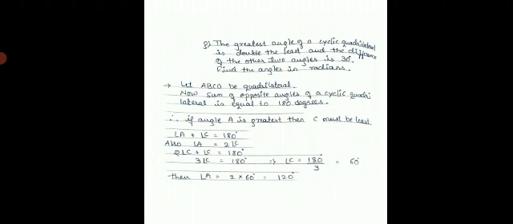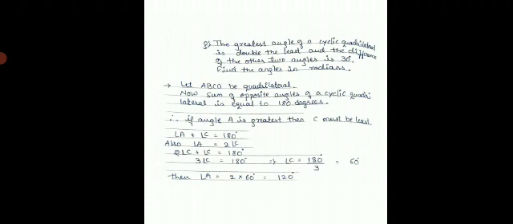So let us consider ABCD to be a quadrilateral. In that, the sum of opposite angles of a quadrilateral is equal to 180 degree, according to the cyclic quadrilateral property.